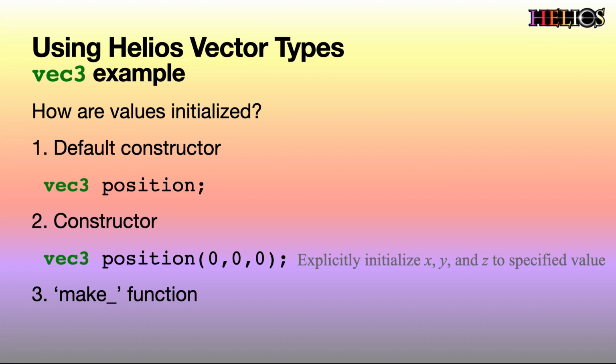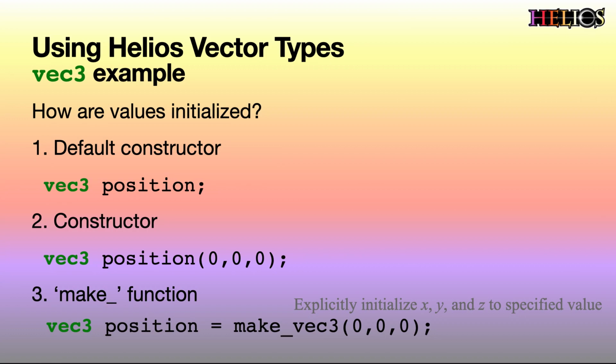It's always going to assume that the first argument that you passed corresponds to x, second argument is y, third argument is z. So here we would accomplish the exact same thing as when we just used the default constructor with no arguments. Here we're just initializing to 0, but you can change these values to initialize it to something else. You can also pass a variable in to initialize it based on some variable value.